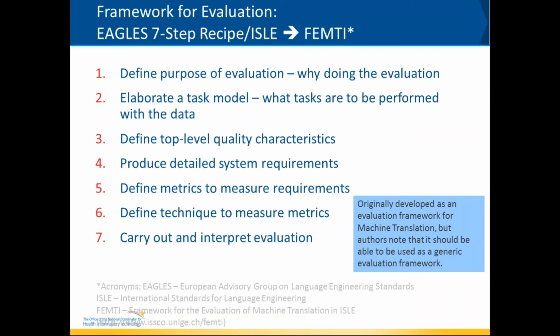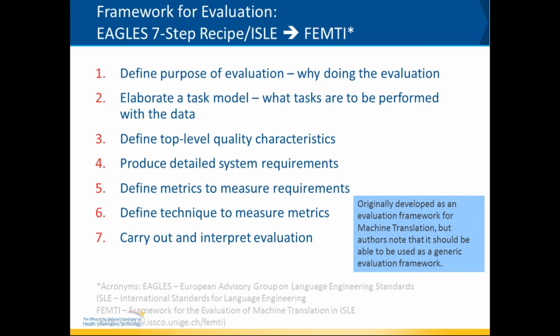But the authors note that it should be usable for system evaluation in general, and generally it's just a good systems engineering approach to evaluation. We've used it a lot for information retrieval type evaluations, of which patient matching is a very specific case.